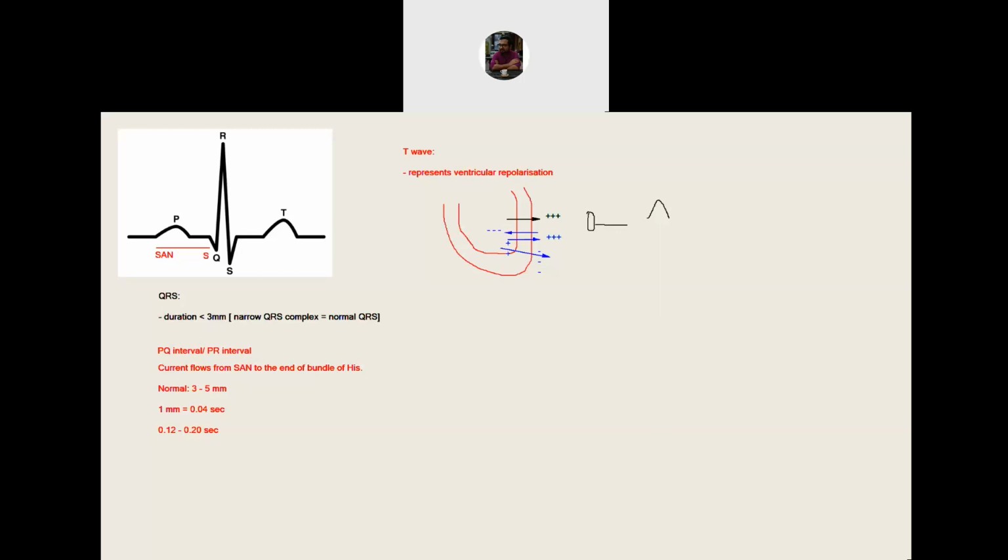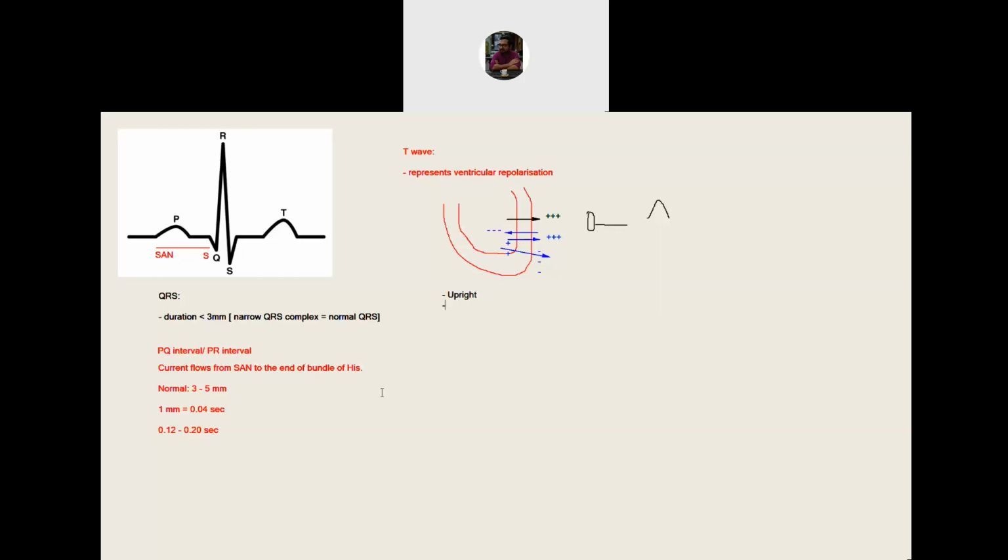Okay. So what are the properties or attributes of a normal T wave? In a normal T wave, it is usually upright. By upright, we mean in the same direction as the P wave, or the depolarization vector of the atrium.